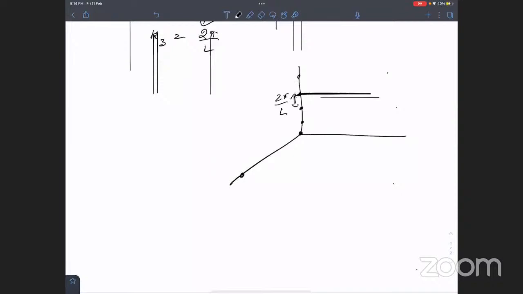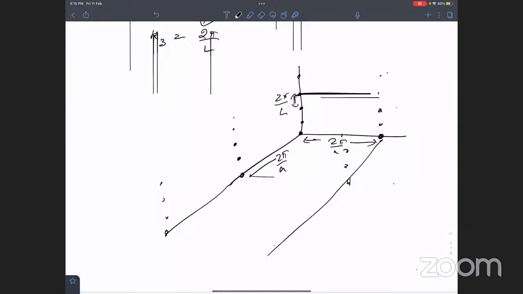But then the next allowed states will be here. The distance between these will be 2 pi by A. And the next allowed state will be here, again distance 2 pi by A, like this, right? And the next allowed state is somewhere here, 2 pi by A. So allowed states are here like this. So I hope you can now draw these allowed K states, right? Yeah, this distance is also 2 pi by A.